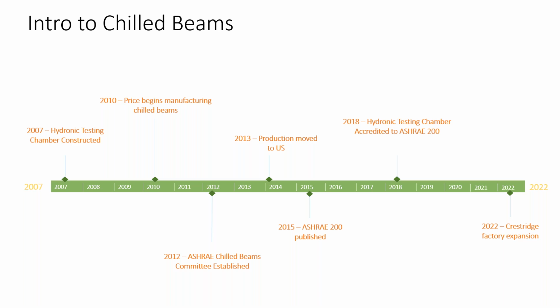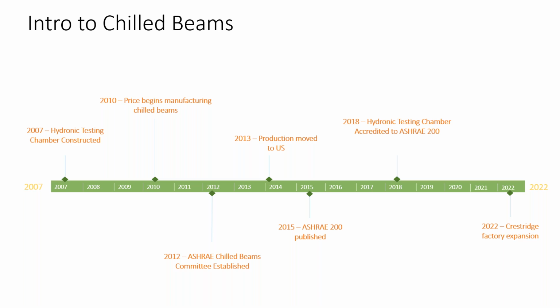We went over to Europe several times and investigated the labs and test chambers that they have over there that have been in use for chilled beams and radiant products, and used that experience and knowledge that they've had over the years to build our test chamber. And every couple of years we third-party test and validate our test chamber and instrumentation at various highly regarded third-party labs.